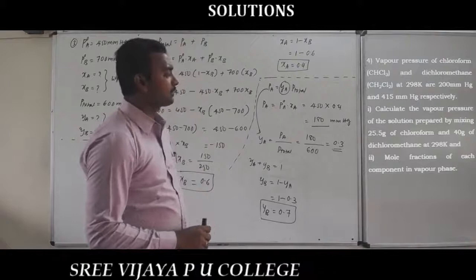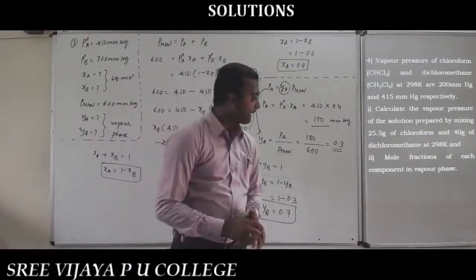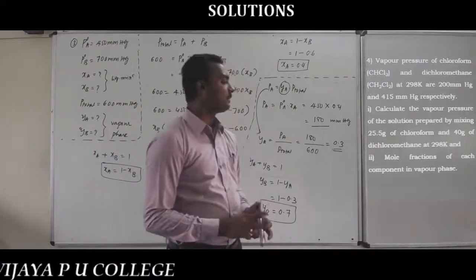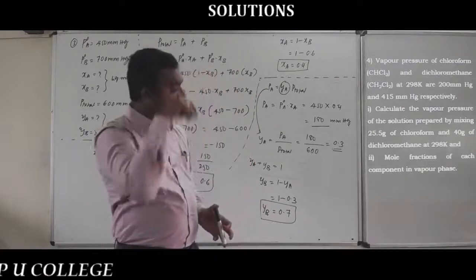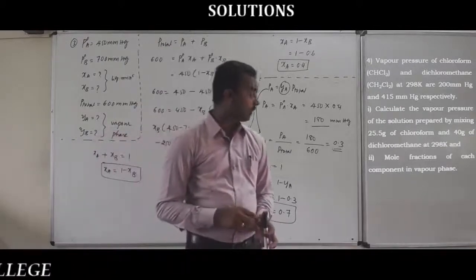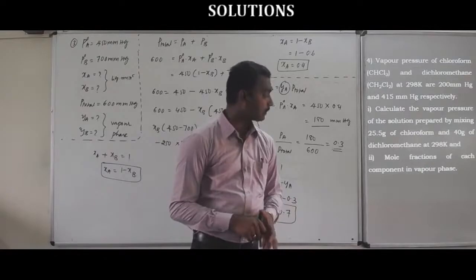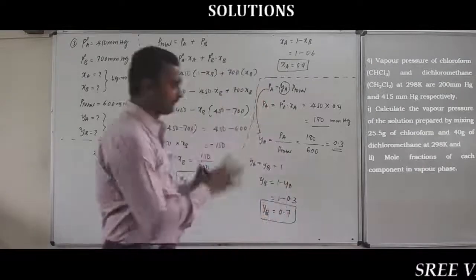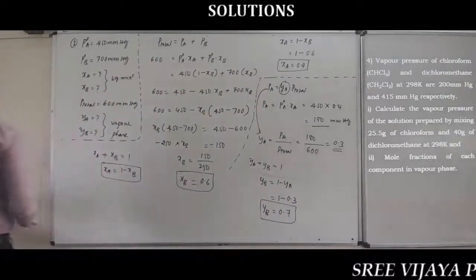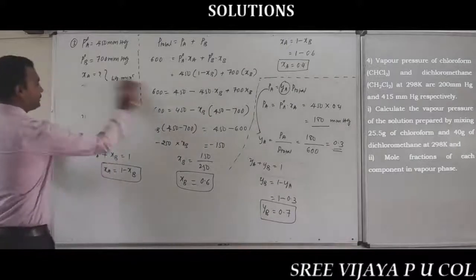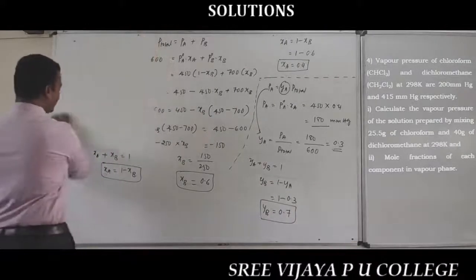Calculate the vapor pressure of the solution prepared by mixing 25.5 gram of chloroform and 40 gram of dichloromethane at 298 Kelvin, and also calculate the mole fractions of each component in the vapor phase. It's a lengthy problem. So first, select the data. What are the given components? One is chloroform, another one is dichloromethane.